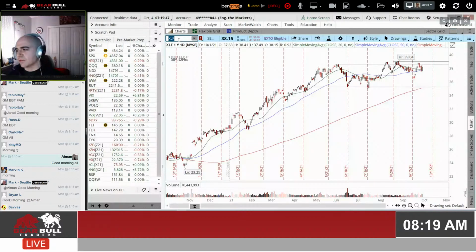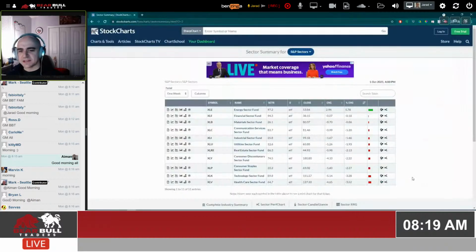If we just look at an overview, we can actually see that from last week, our only bullish sector overall was energy. And of course, with energy's market cap weighting in the SPY, this is not enough to lead to a bullish response from a breadth perspective.